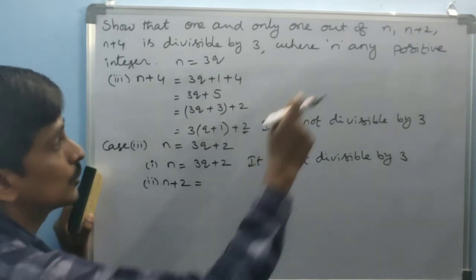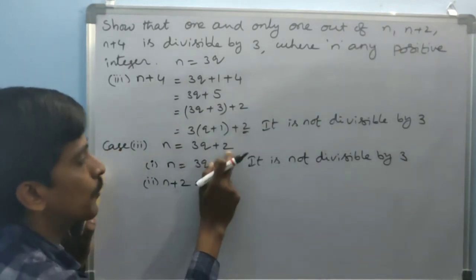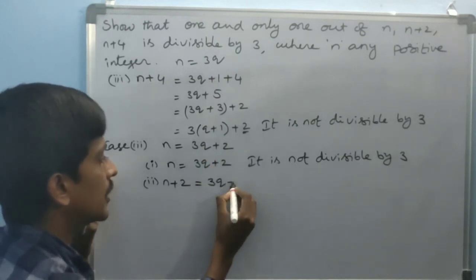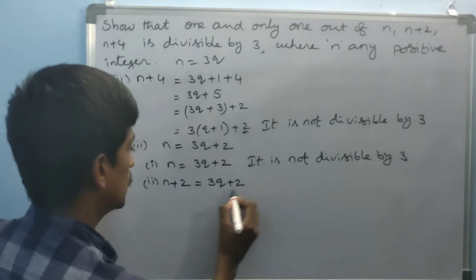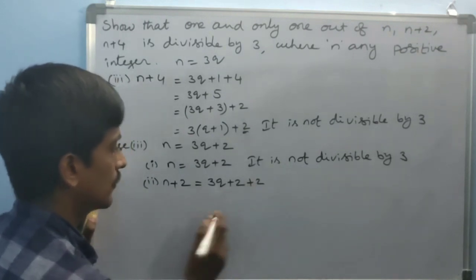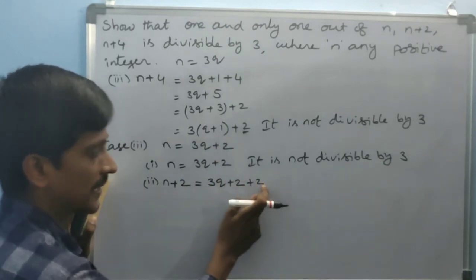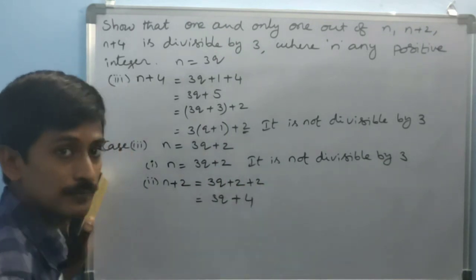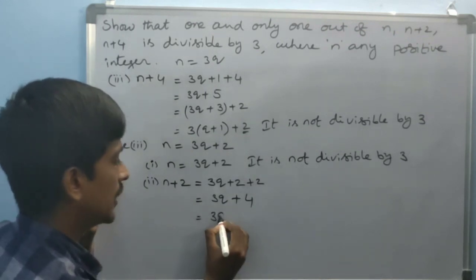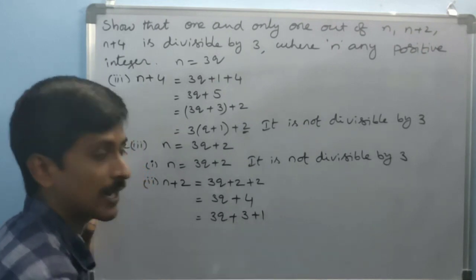And the second one, n plus 2. What is the n value taken here? 3q plus 2, plus 2, which is 3q plus 4. 3q plus 4 can be written as 3q plus 3 plus 1.